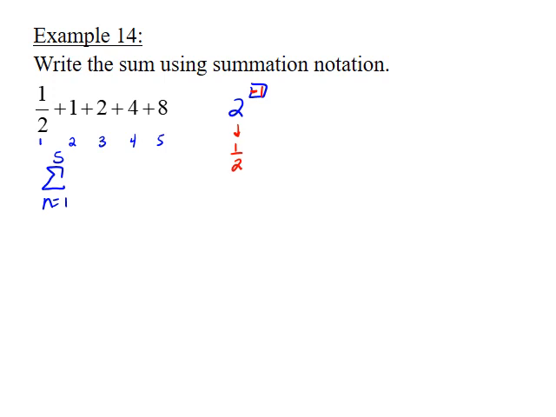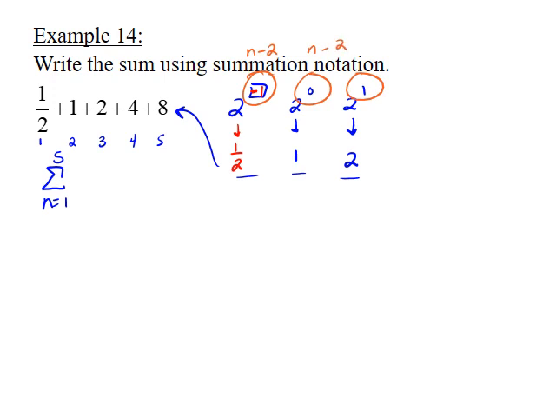Well, I also know that 2 to the power of 0 is 1. 2 to the power of 1 is 2. And I notice that this is my pattern. So how am I getting these exponents? Well, if this is supposed to be my first term, if I represent this as n minus 2, I get a negative 1 each time I get the exponent I want.